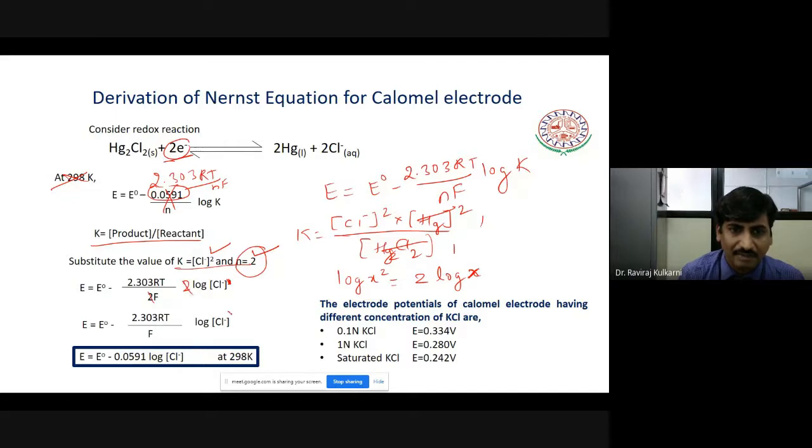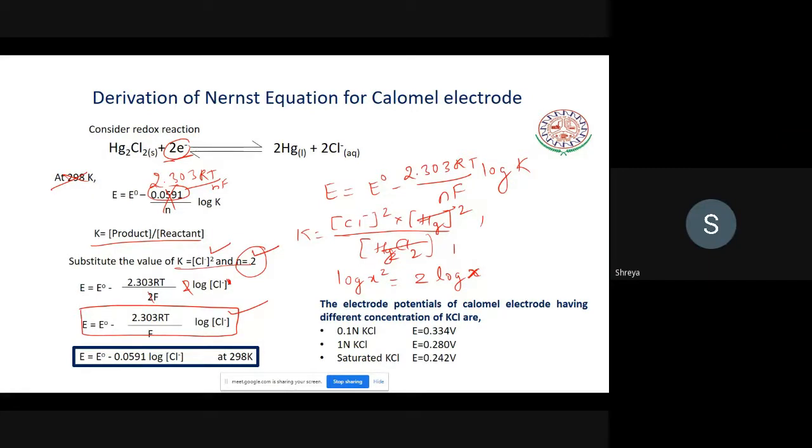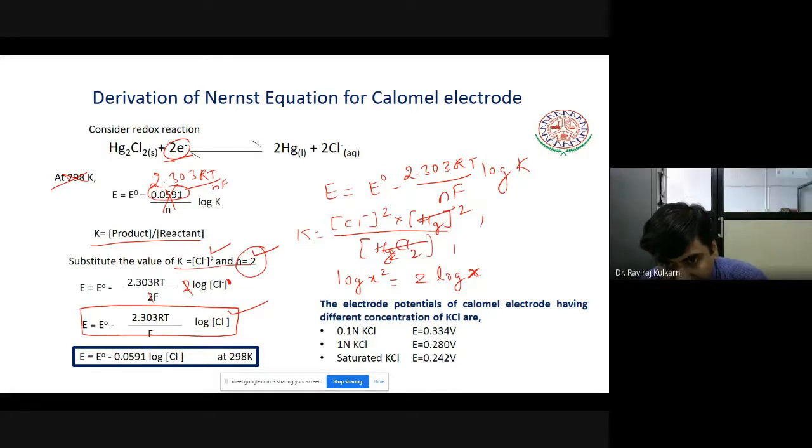So what I get is the equation. This is the Nernst equation for the calomel electrode. You can derive a Nernst equation for any electrode. Do you agree with me? Yes, sir.